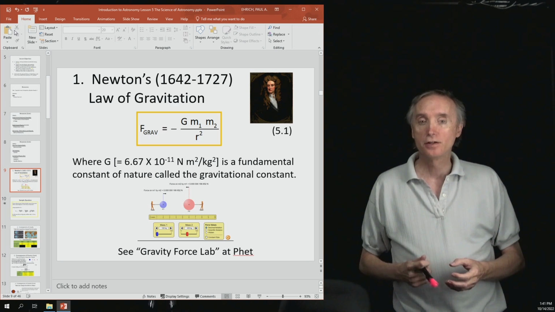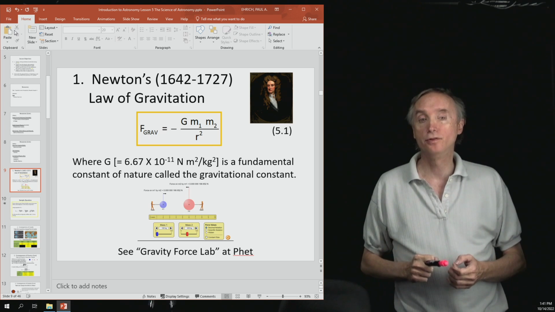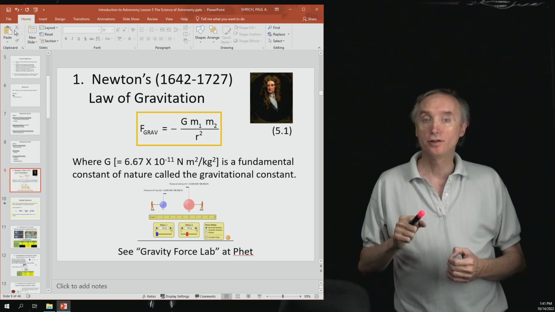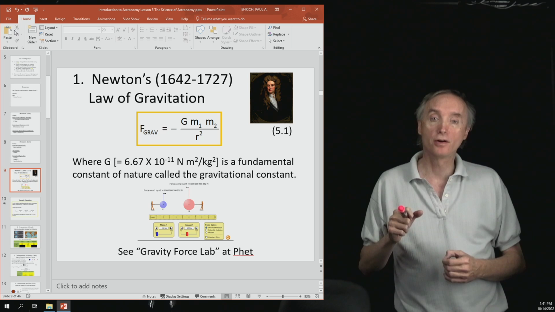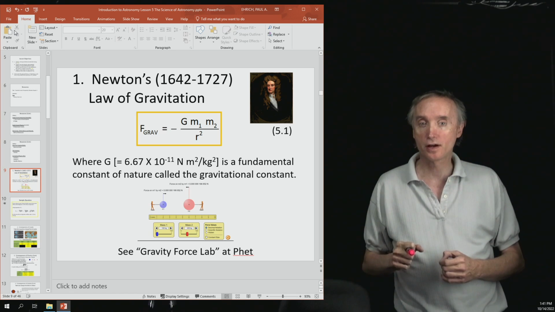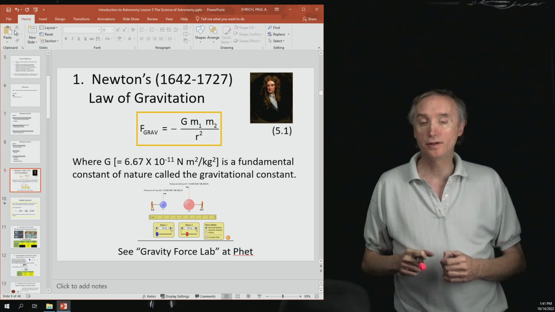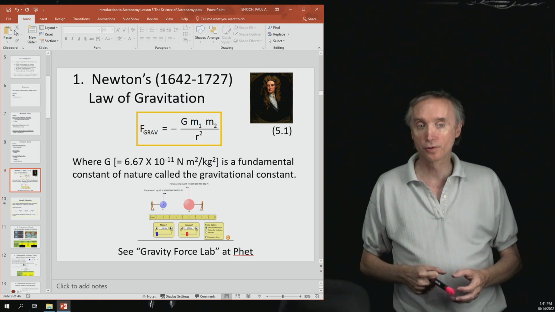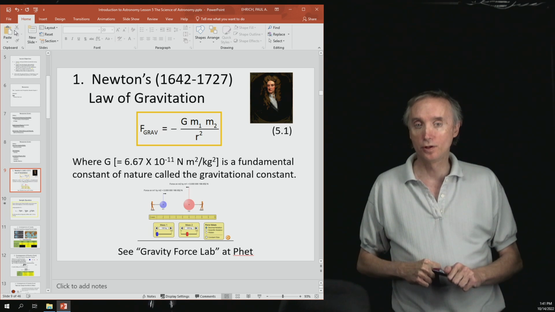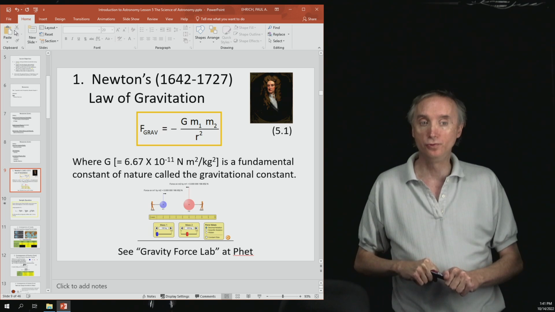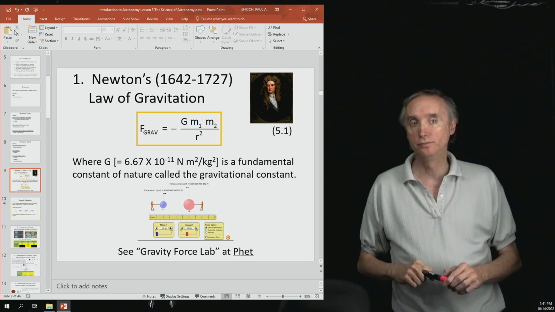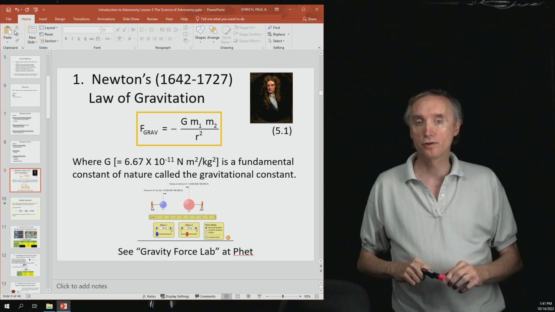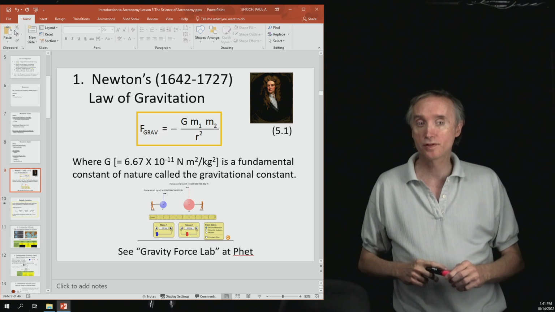Okay, so first thing I want you to do is you notice that there are two sets of numbers up at the top. And so one is the force on ball 1 caused by ball number 2, and then the other one is the force on ball 2 caused by ball number 1. And what do you notice about those two numbers? Okay, they're the same. So why would those two numbers be the same?